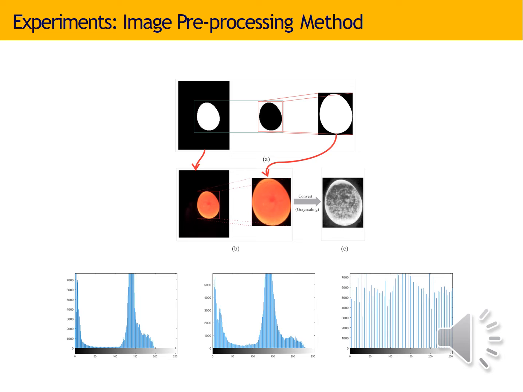Below is a histogram of each process by CLAHE, HE, and CLHE: histogram equalization with contrast limited adaptive histogram equalization, and the combination of the two methods.